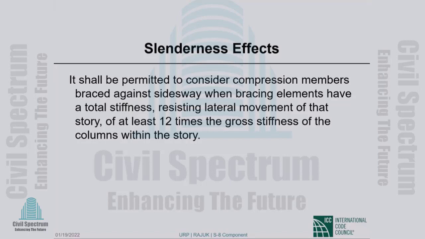So in the direction that you are considering, let us say in the story of which the column is a part, you have 6 shear walls running in the direction of analysis. And there are 36 columns. If the total stiffness of the 6 shear walls, okay, you know stiffness, is more than 12 times the total stiffness of the 36 columns, then you have a braced story.